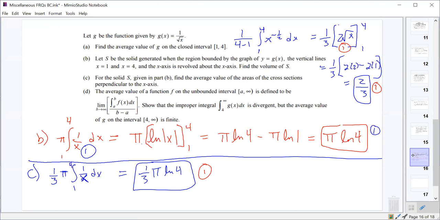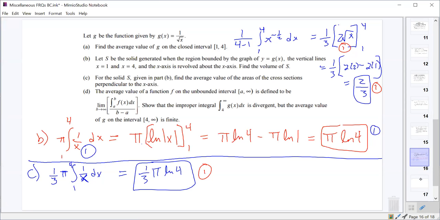So we want to first show that the improper integral from 4 to infinity of g of x is divergent, but that the average value of g on that interval is finite. So we're going to show that there is an infinite amount of area underneath that curve from 4 to infinity, but that the average value of the function actually does exist.